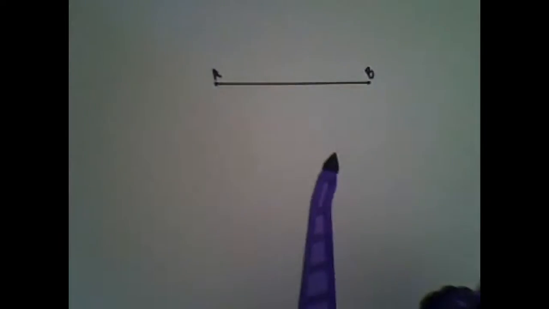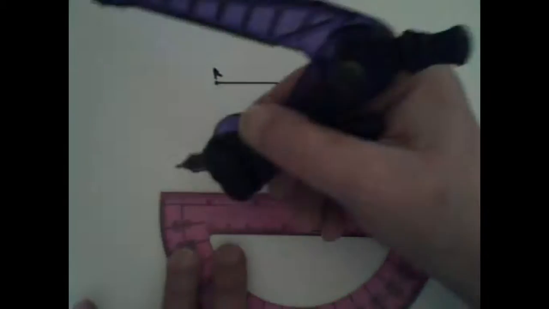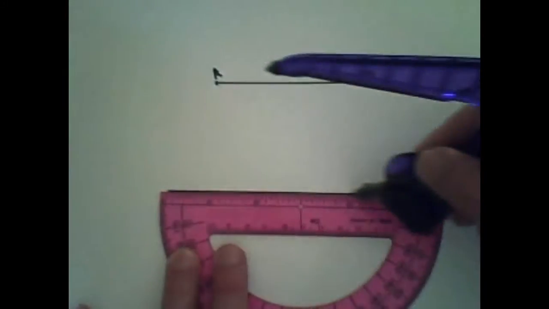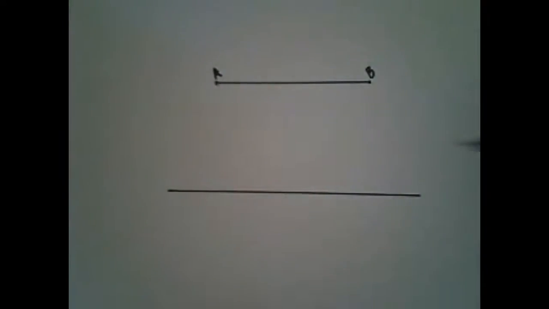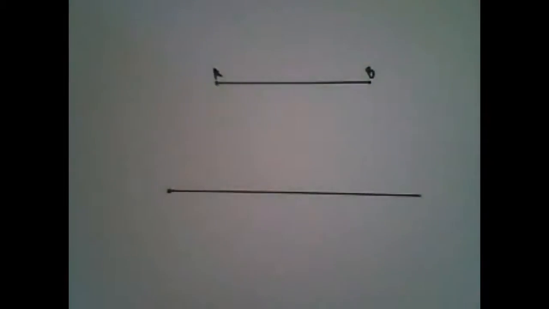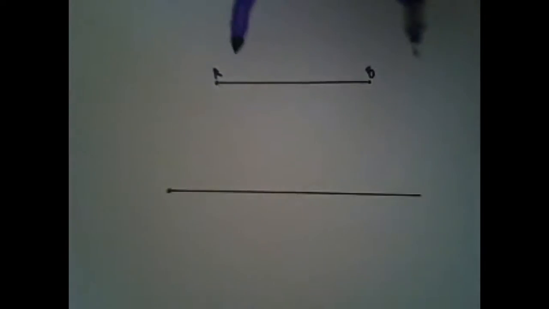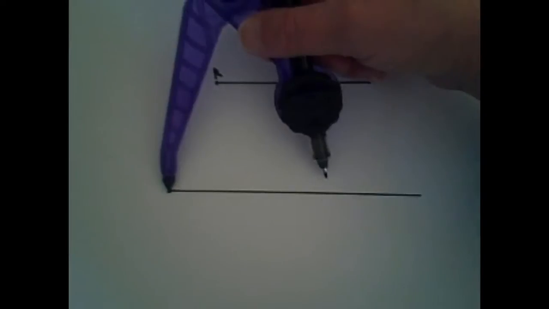Now if I want to copy that line segment, I can use that measure that I've just done to make a copy. So the first thing I'm going to do is draw a line segment that's longer than the one that I just measured. I'm going to put a point on one end of this line segment. Now remember we said we can only put the point of your compass on points in your construction. So we've already measured that this is the length of the line segment. I'm going to put the point of the compass on this point.